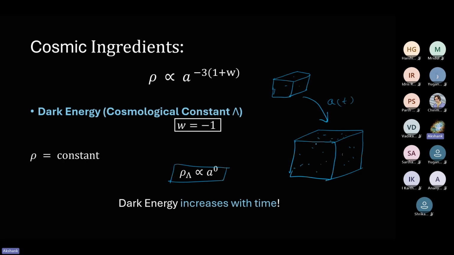Because the energy per unit cube remains the same. The density remains the same. But in total, as the universe is expanding, that means energy is being created. Dark energy is increasing with time. The density is constant, but the total dark energy content in the universe is increasing. So as the universe expands, dark energy increases with it.